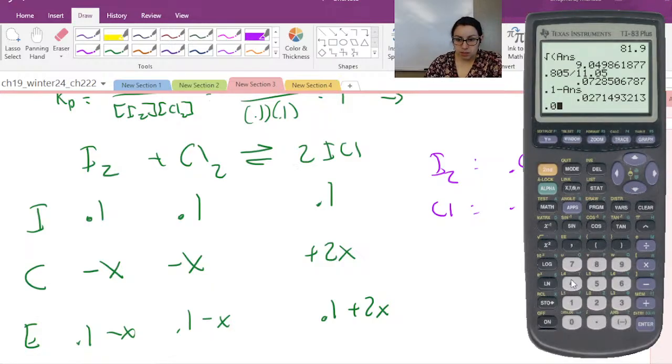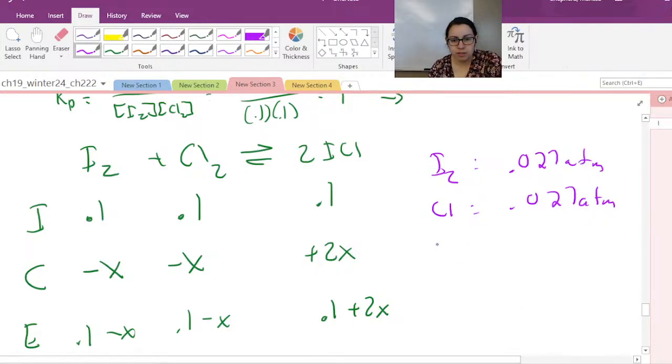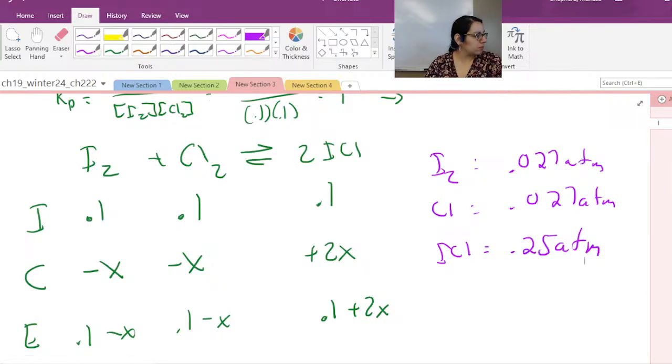And then, let's see, what do we get? And then do we get 0.25, yeah, 0.25 atm for iodine chloride? Questions about that one?